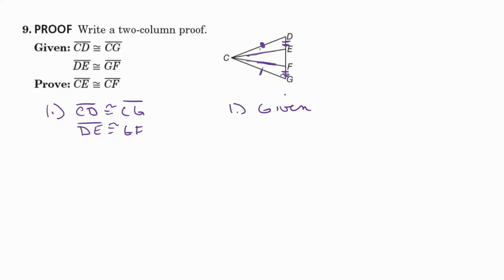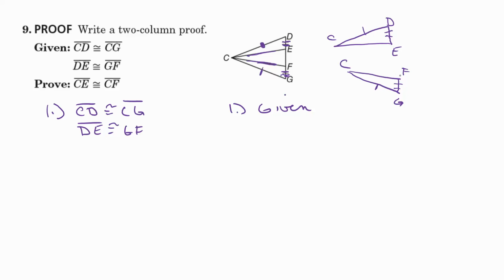So it looks like we need to prove the 2 triangles on the end. This one right here, we need to prove that CDE is congruent to CFG. And we already have that these segments here are congruent.